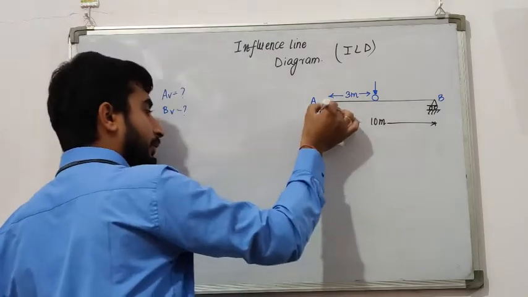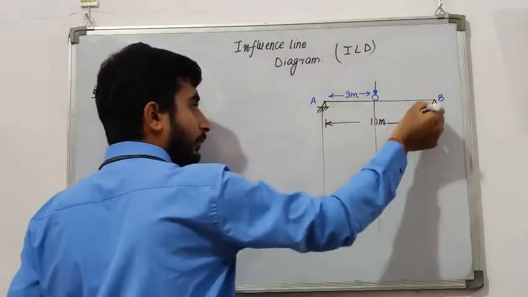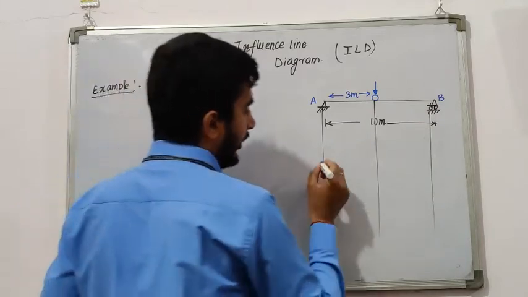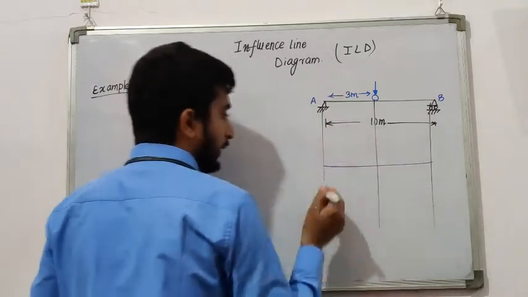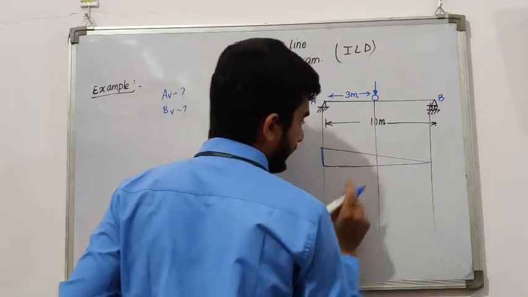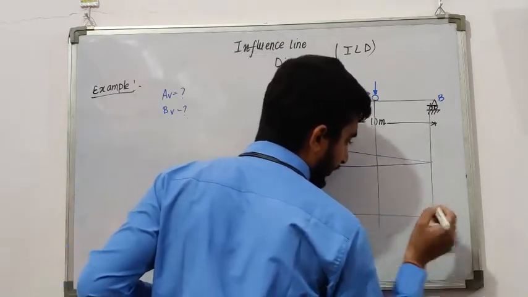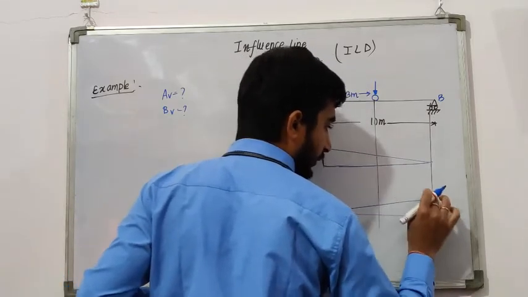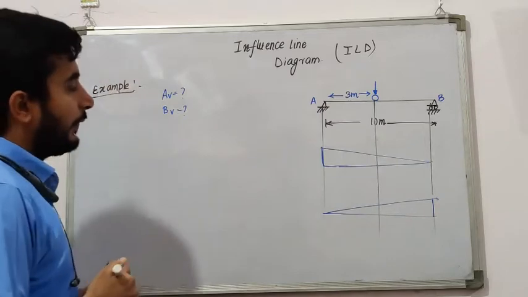So what will I do is, I will draw the influence line diagram for reaction of A. Reaction of A was getting unity here and then 0, and ILD for reaction of BV was getting unity here and this one. Fine.